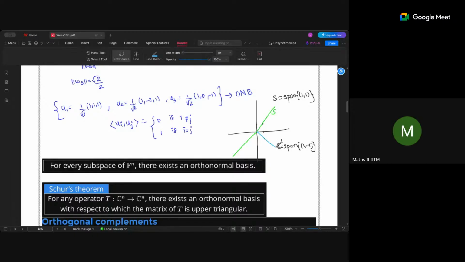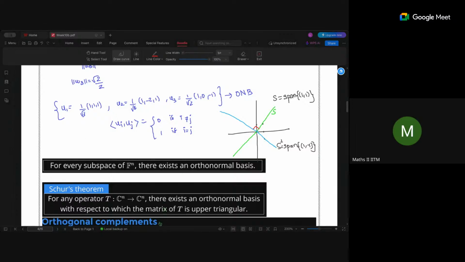So it's this line. What you can immediately observe is that they are orthogonal. So you take S, and any vector orthogonal to this gives S perp, which is (1, -1). Okay, there is something more I want to show.